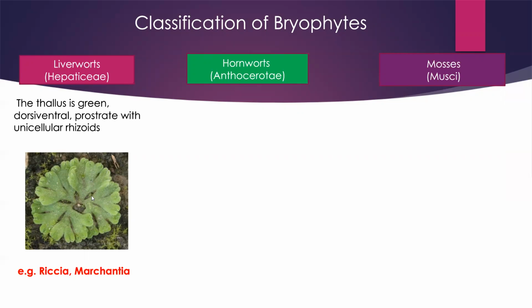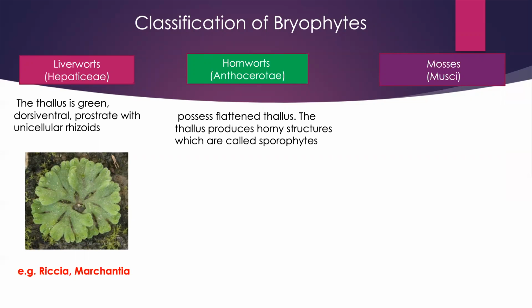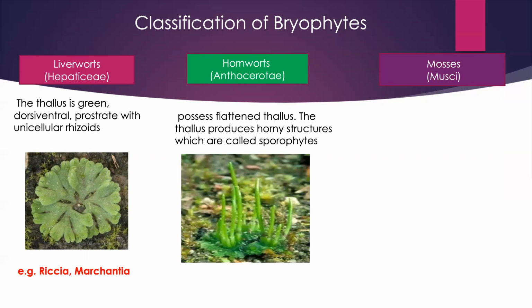Now the next group, that is hornworts or Anthocerotae. In this case, the plant body has a flattened thallus as usual, like liverworts. But what is the difference in this? You can see here elongated, somewhat horn-like structures develop from the flattened thallus.